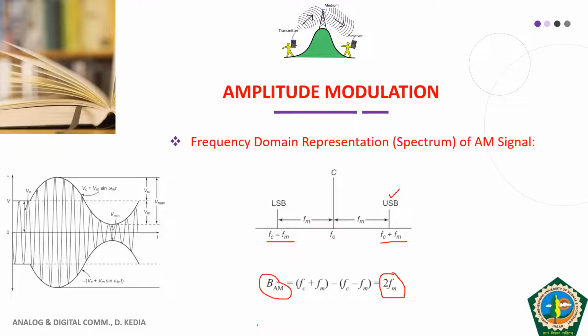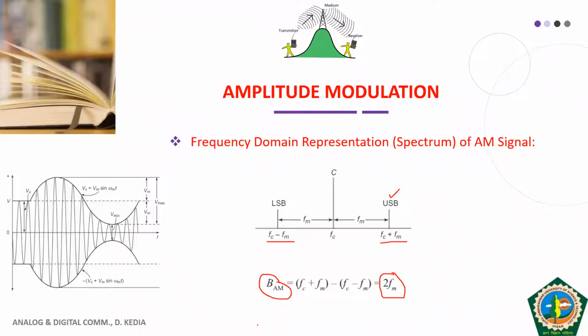Fine. And in the previous slide, I told you that we want to save power, we want to save bandwidth. Okay. So obviously, whenever we mathematically or graphically represent any modulation technique, we try to see the various ways through which we can save either power or bandwidth.